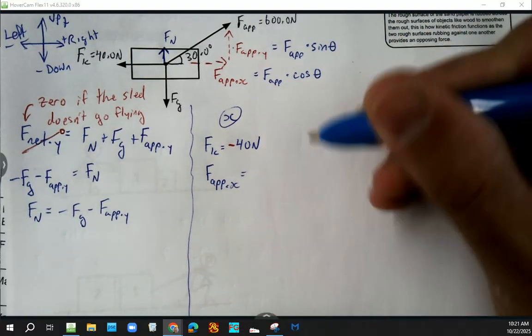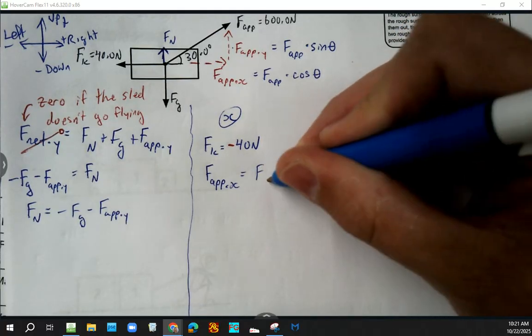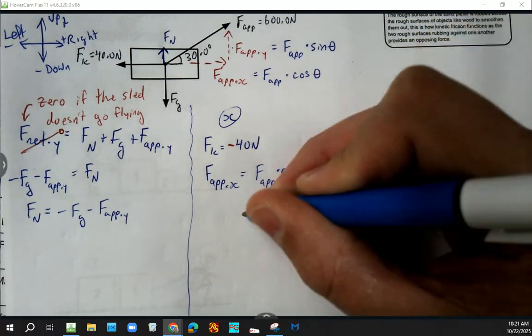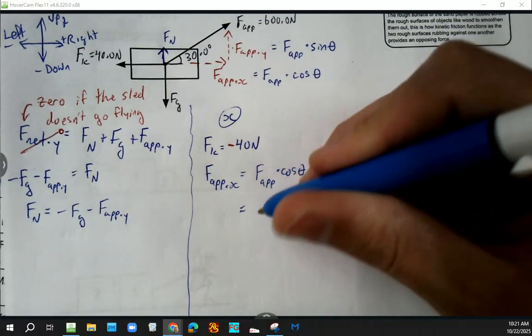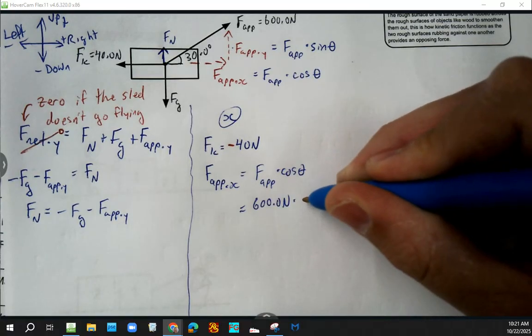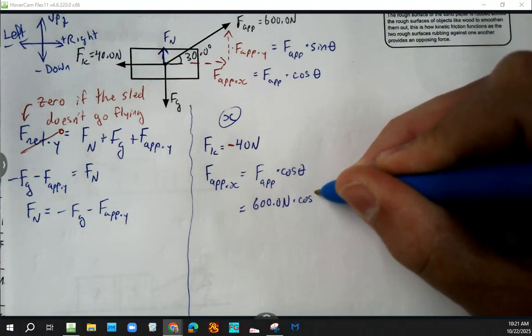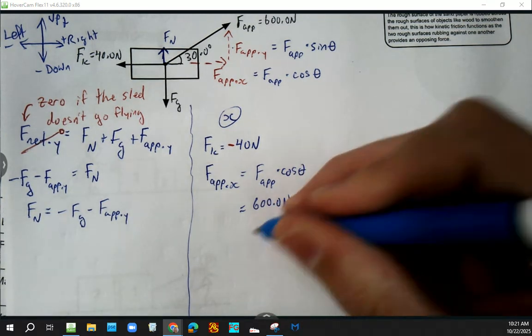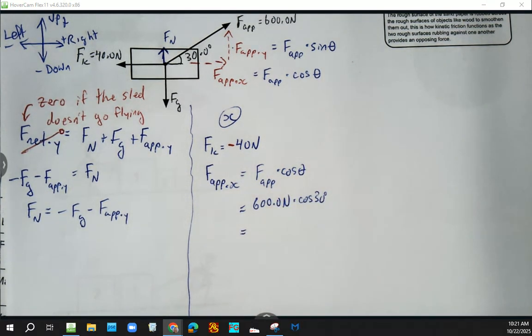Anyway, this F applied x, we already said, is going to be F applied times cosine of theta. And we can plug in our values. The F applied by mom was 600 newtons times cosine of 30 degrees. Again, somebody pointed out that cosine of 30 degrees is kind of a special angle because it's the square root of an integer, but I still can't do it in my head.